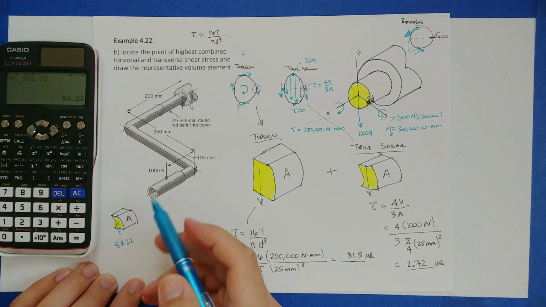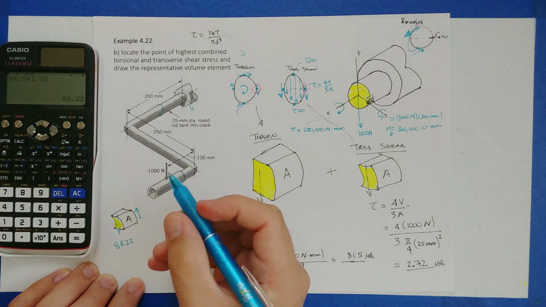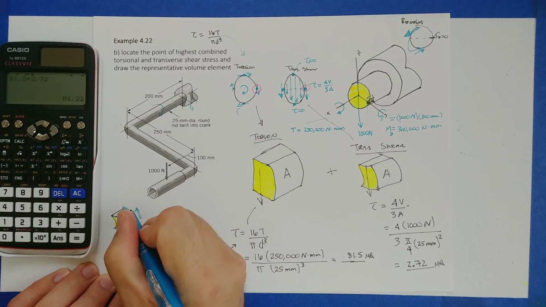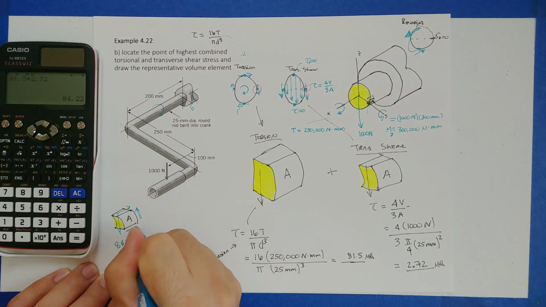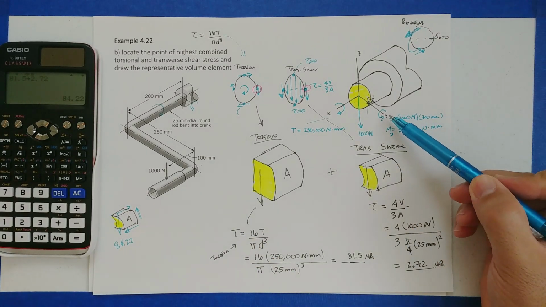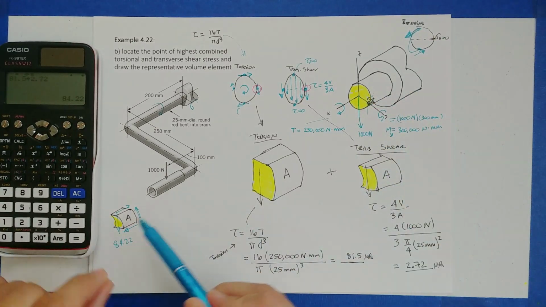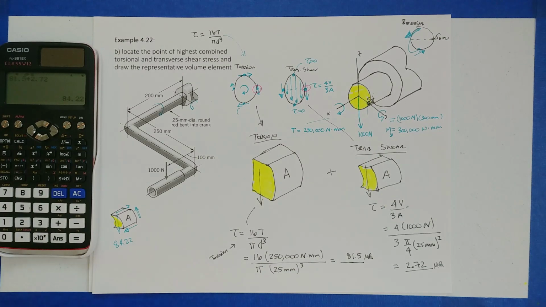Look at the direction of the arrow, right? So that means I need one and the opposite on the other side. And then I need to counteract this moment with an arrow pointing that way and an arrow pointing that way. In this case, because we have no normal stress, nothing pushing on it, so nothing stretching, the bending moment is 0. So that's all we have, just a combined shear.